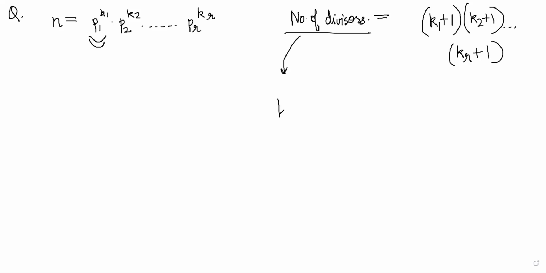This can be written as the product over i from 1 to r of ki plus 1. Total number of divisors is always going to be this. This includes 1 and the number itself.